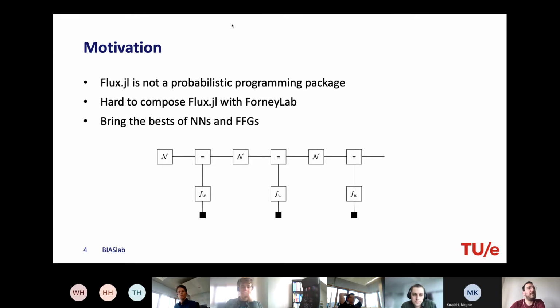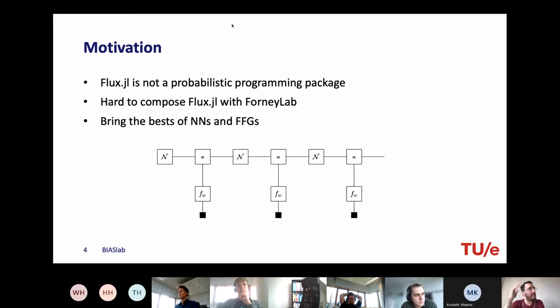Because we have Flux, but the thing is that Flux is not a probabilistic programming package, so it is not directly possible to train probabilistic models together with neural networks. I mean, you can build that, by introducing your own functions, by designing the message passing algorithms on Flux. This you can do.